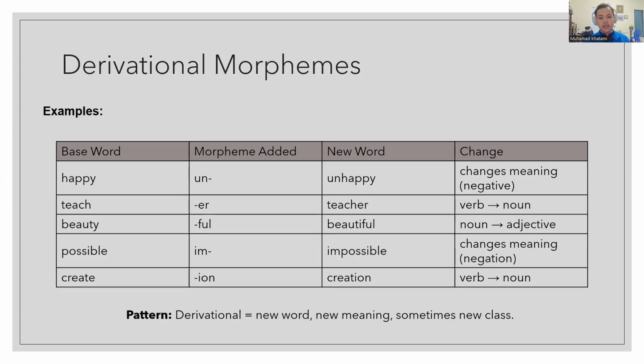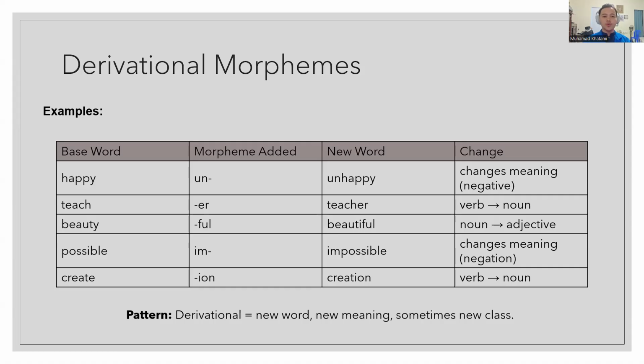as a verb into a noun as the teacher. The next one is beauty with the added morpheme of full. Creates the new word of beautiful that changes the root word of beauty as a noun into an adjective. The next one is possible with the added morpheme of im.